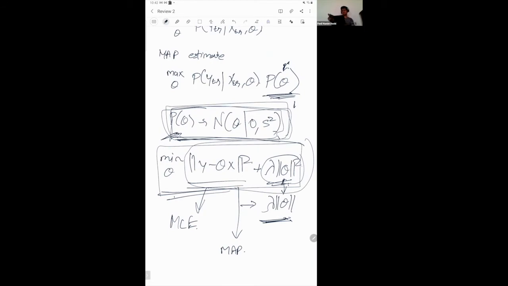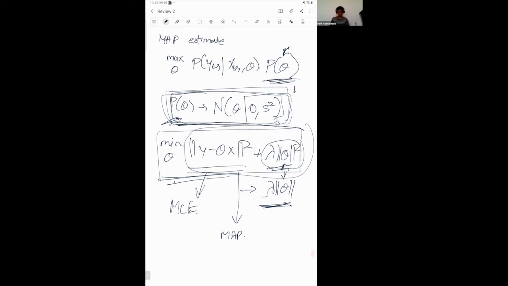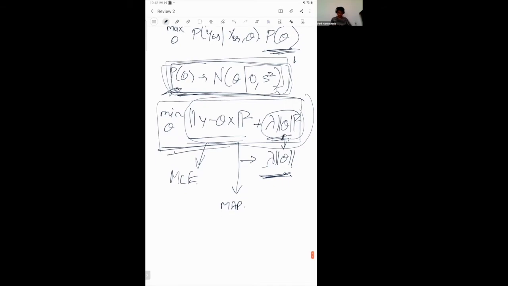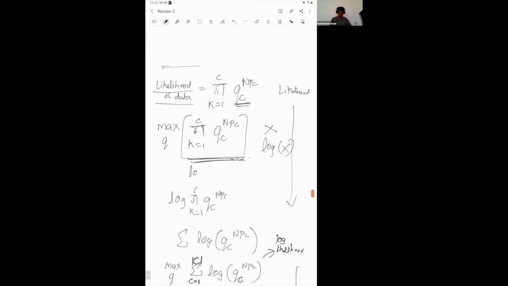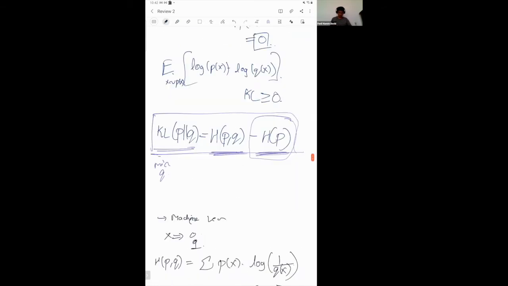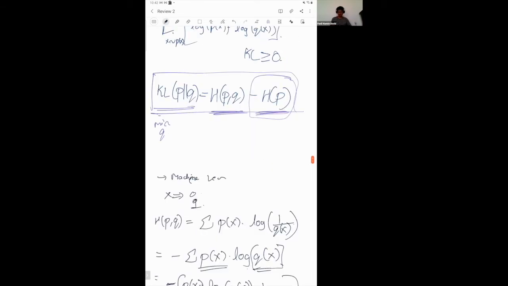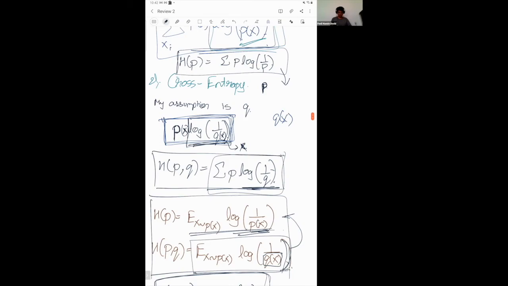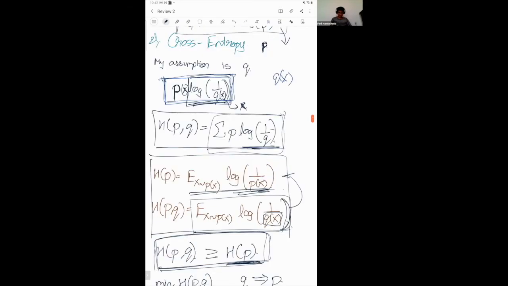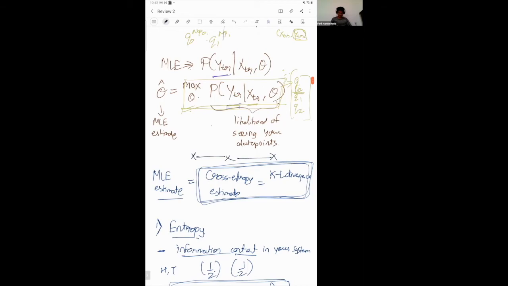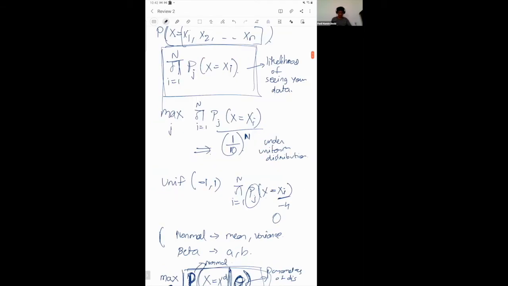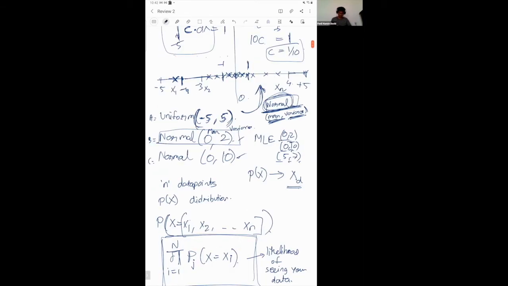And that's how you would find a MAP estimate, where you would have a theta as well. If you want to do a full Bayesian inference, as discussed last time, which is a very hard problem, then you would need this quantity as well, getting y train given x train.